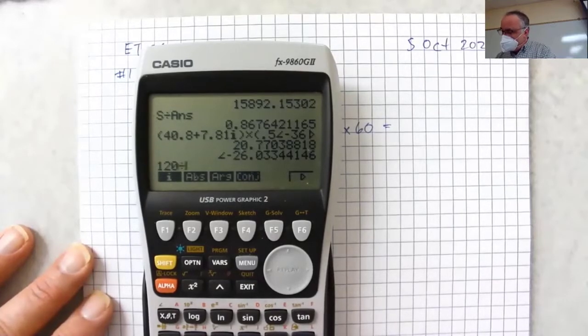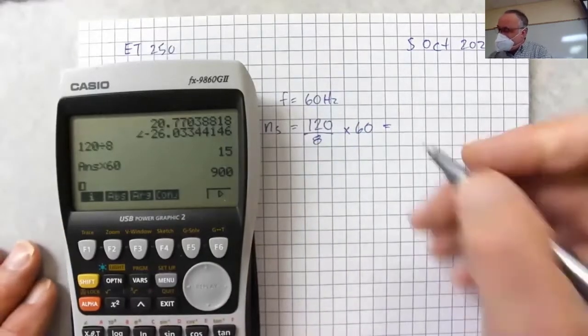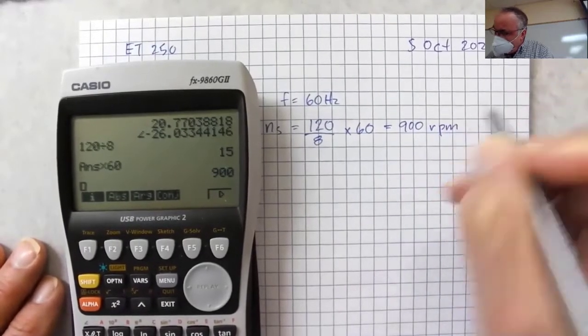So 120 divided by 8 times 60, we get 900 RPM.